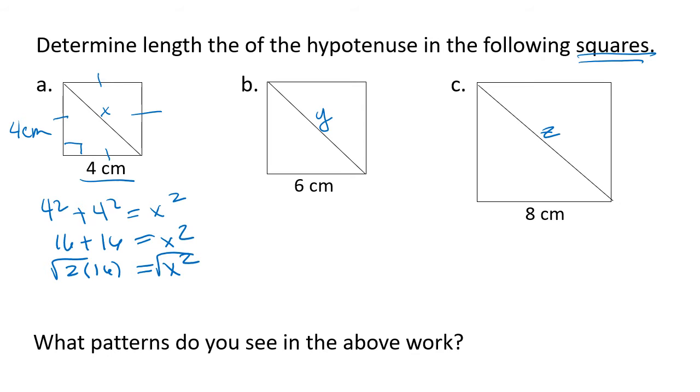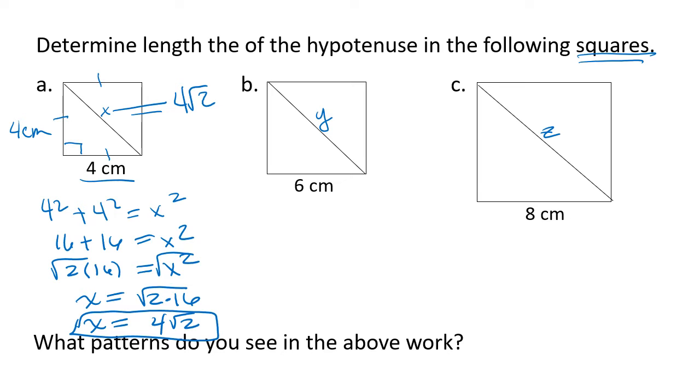When you solve for x, you get x equals the square root of 2 times 16. And because I am a rock star at simplifying radicals, and so are you, you cannot take the square root of 2, but you can take the square root of 16. So I know in this particular problem that my hypotenuse x is going to be 4 square root of 2.